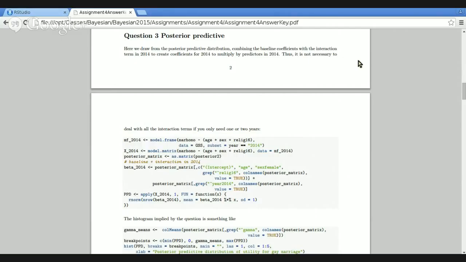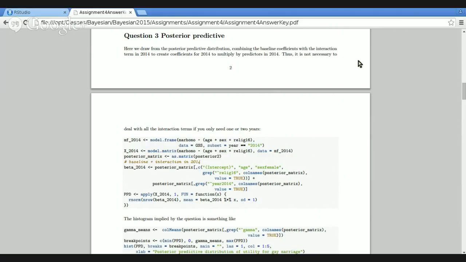A lot of people, their designs had X columns being dropped and stuff. So then getting it all to line up was challenging for them. So, what I did here was I created a model frame for 2014, subsetting on year is 2014, made the X matrix that corresponded to that, which I guess had like 600 or something observations.